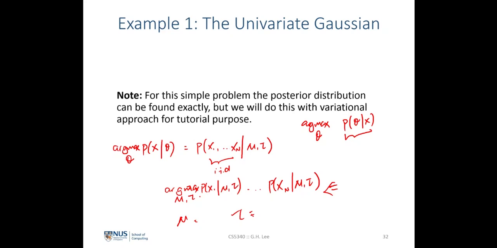But for illustration purposes on how to use variational inference to solve such a problem, we'll simply treat this stated here as our set of latent random variables, which in turn gives us this particular expression, our familiar posterior distribution here. So we'll pretend that this is a very difficult expression to solve, which we cannot solve analytically. Now we'll look at how to actually use variational inference to solve this particular problem here.